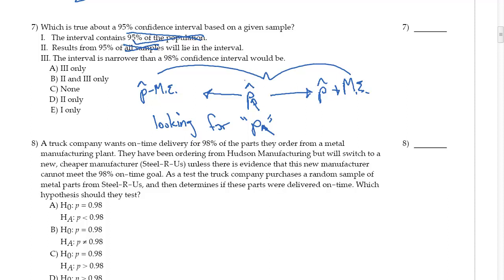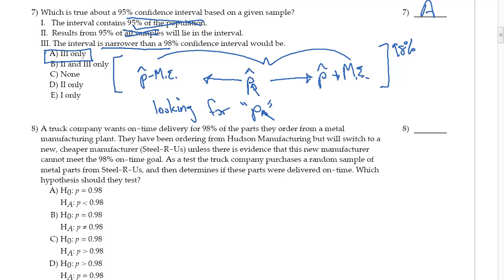Now wait a minute. If I want to be more confident, I need a larger interval. So 98% confident is going to have a larger interval than 95% confident. So yes, the interval is narrower than if it was 98. So the answer must be A, only 3. That makes us happy.